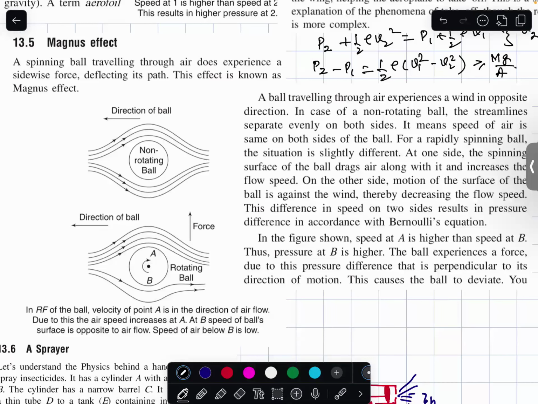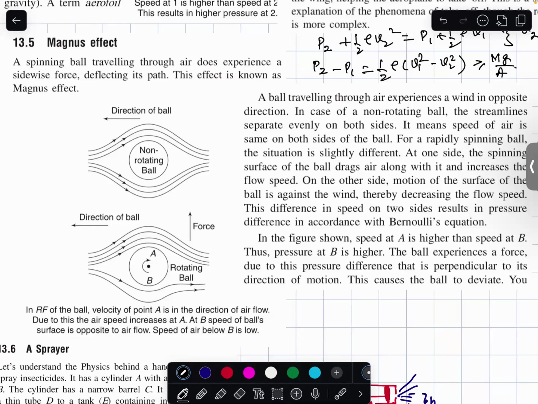The effect of this is above drag is high when compared to below. You see, above the streamlines are crowded because of the spin when compared to below. So this gives a lift to the ball which is not expected by the batsman.